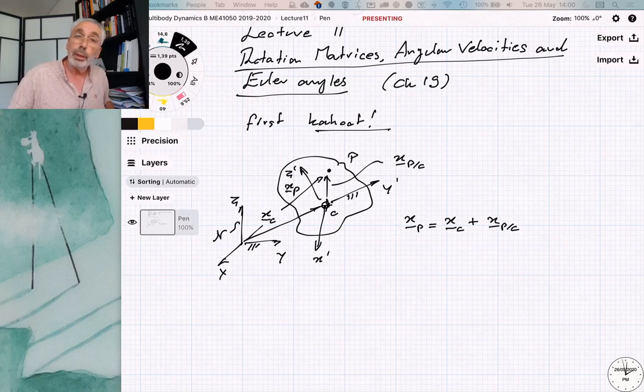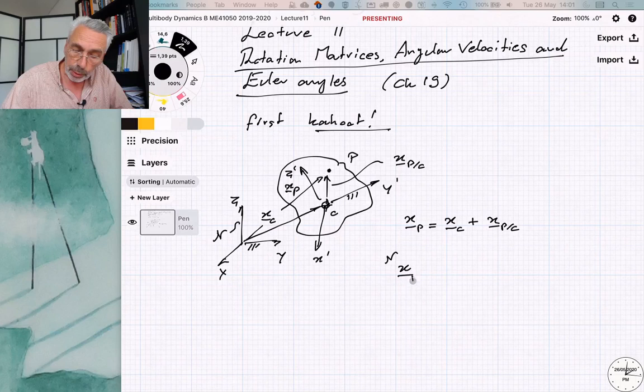If we now want to calculate, we have to go to algebraic components, so we have to express everything in a coordinate system. So let's for now express this in the inertial frame.